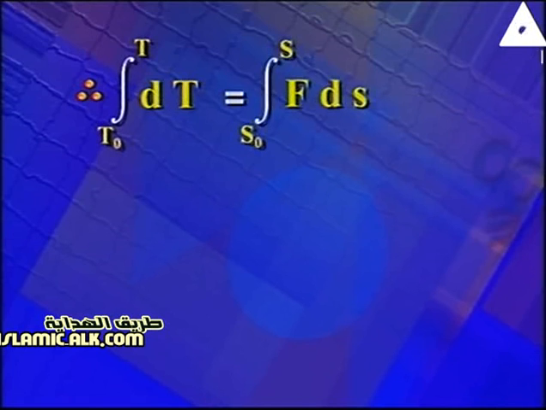Then integrating from t naught to t of dT equals the integration from s naught to s of F ds. By using integration, the left-hand side is the kinetic energy and the right-hand side is F ds.